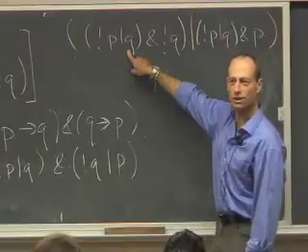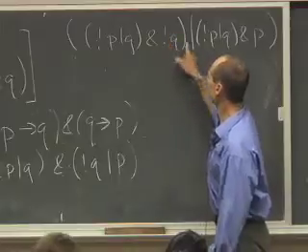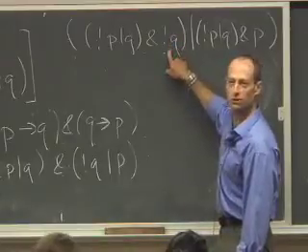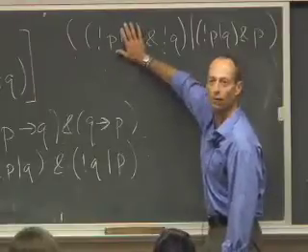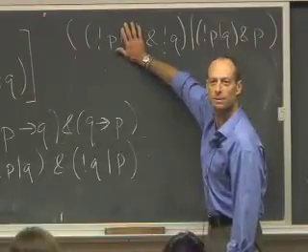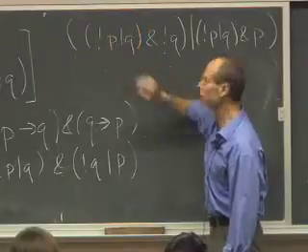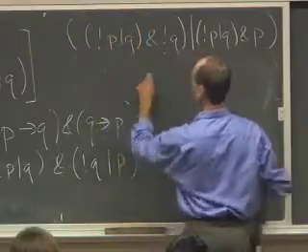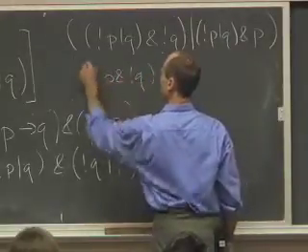It's not changing anything, because the only way for this part of the and to be true is if Q is false. If Q is false, then this is something or false, and that doesn't help. Does that make sense? Yep. So this piece is really the same as not P and not Q.